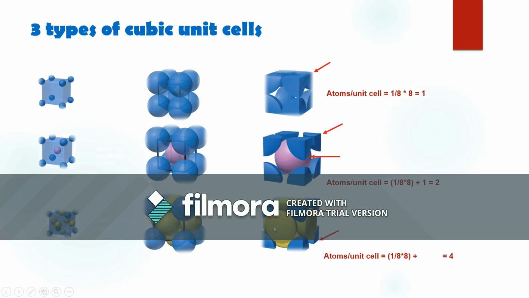They have 1/8 times 8 at the edges, plus 6 half atoms on the faces, making it 3. In total, 3 plus 1 equals 4 atoms. So in general, simple cubic is 1, body-centered is 2, and face-centered is 4.